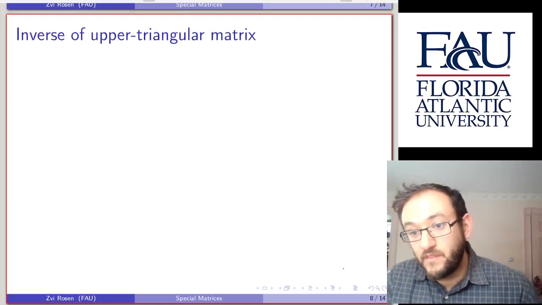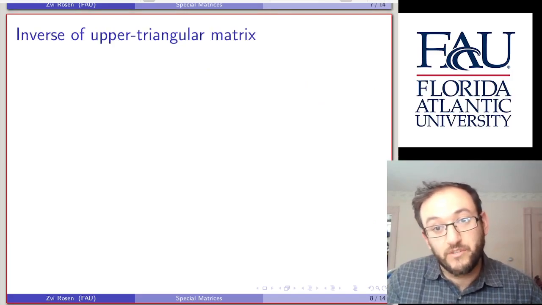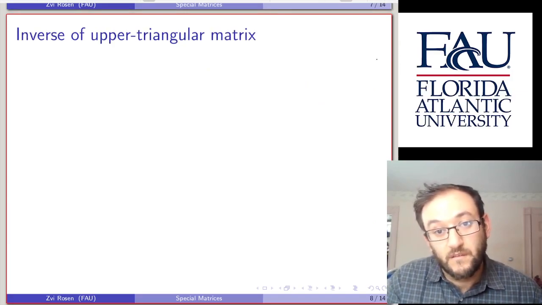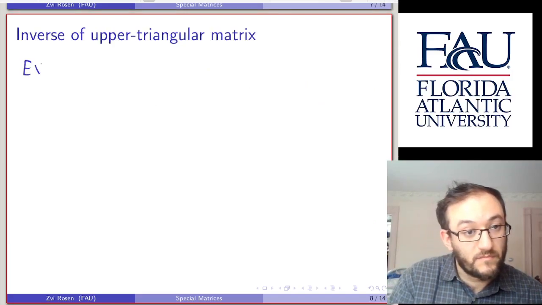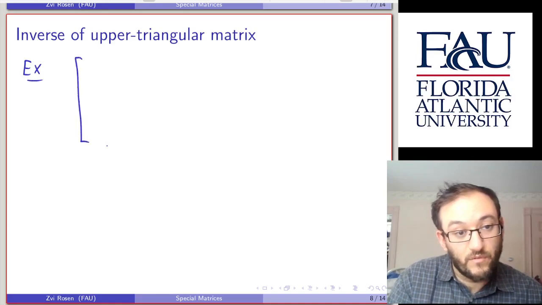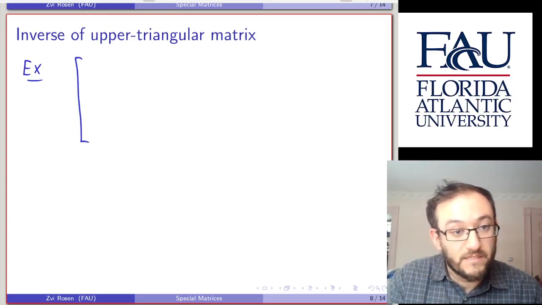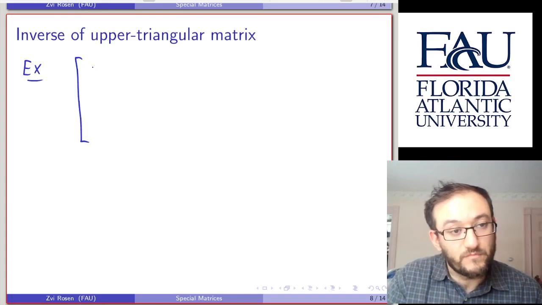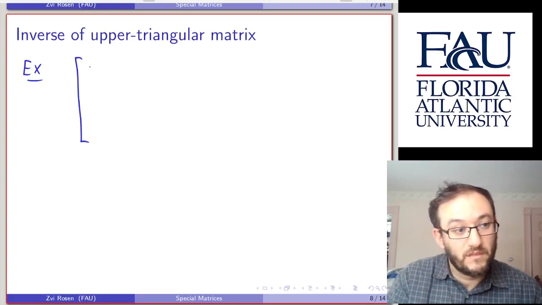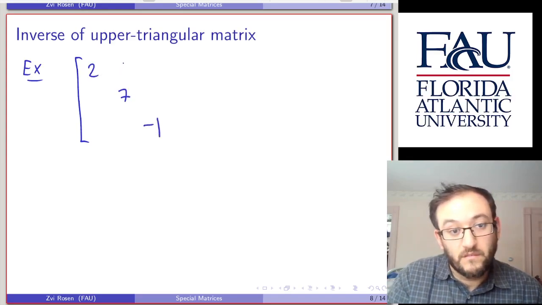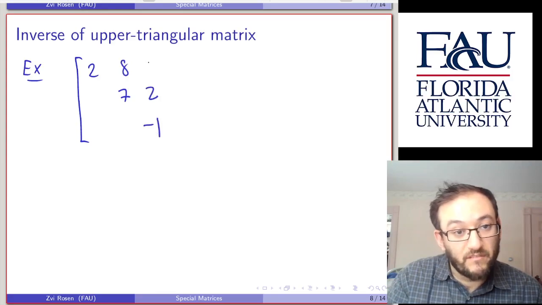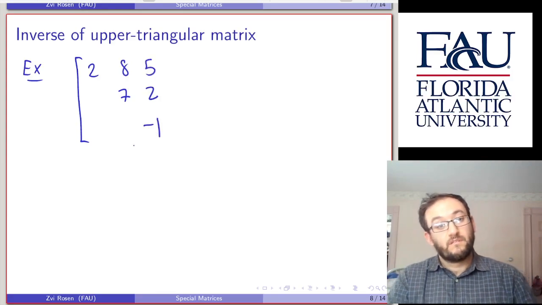So let's compute the inverse of an upper triangular matrix. Obviously all of the diagonal entries have to be non-zero.